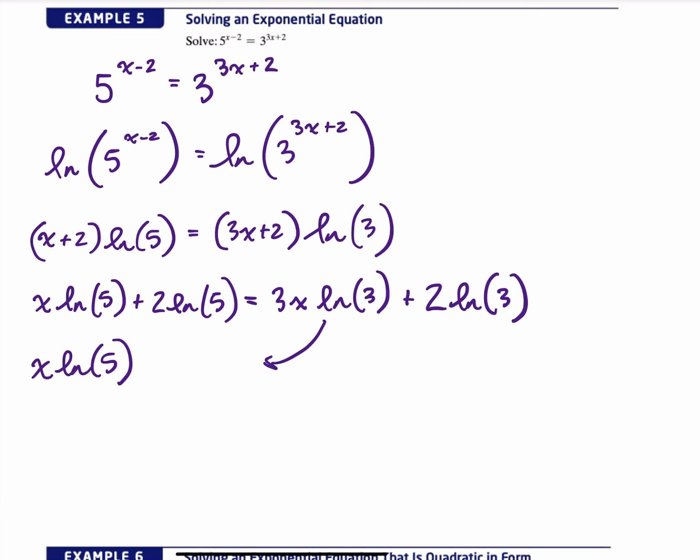This will be subtracted over, so it will appear as negative 3x times ln of 3. And then I'm moving this term to the other side. So on the right side, we will have the 2 times ln of 3 now minus 2 times ln of 5.